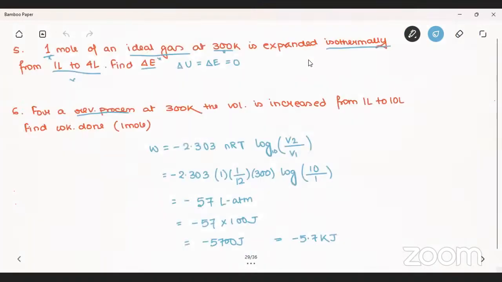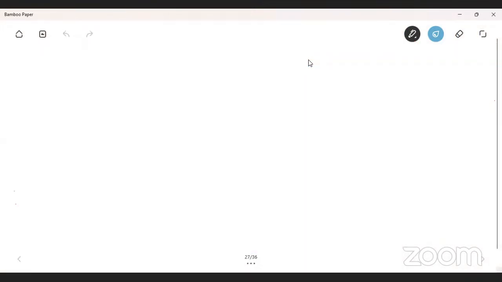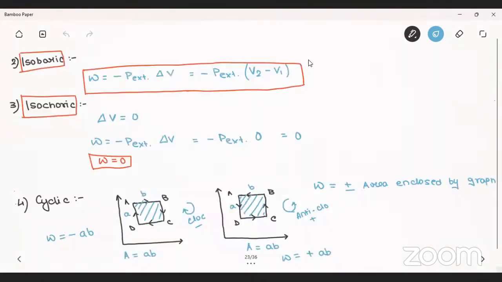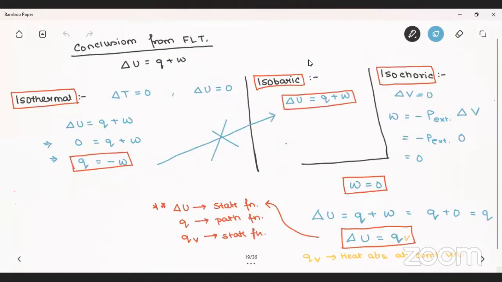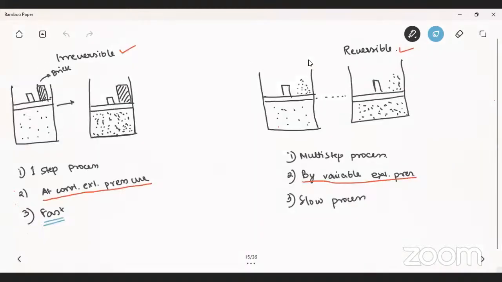Now I have to search where I have written this in my notes. First class, I guess we have done this. Okay. During the derivation, have you seen for reversible, you get this keyword, variable external pressure.